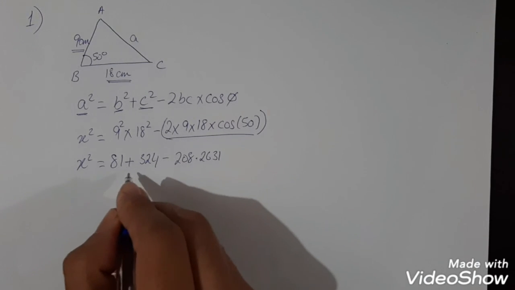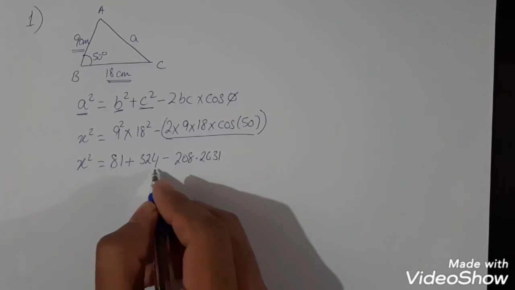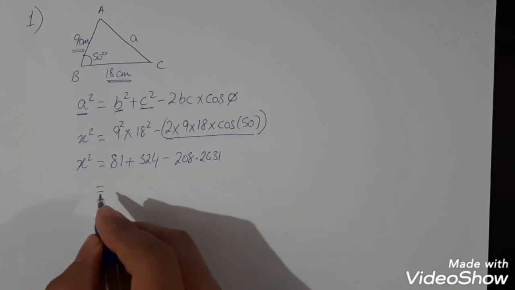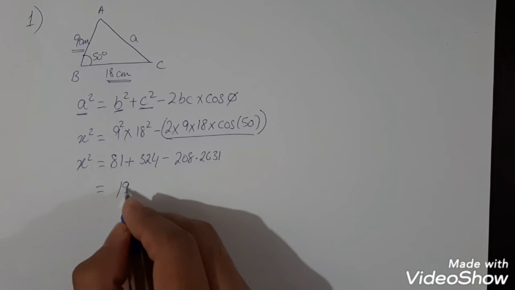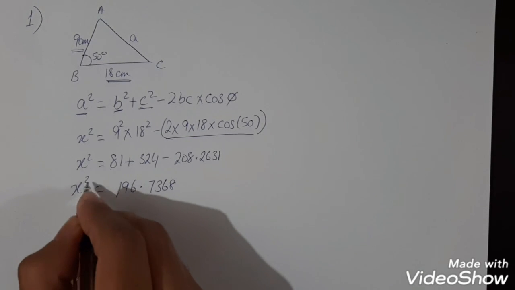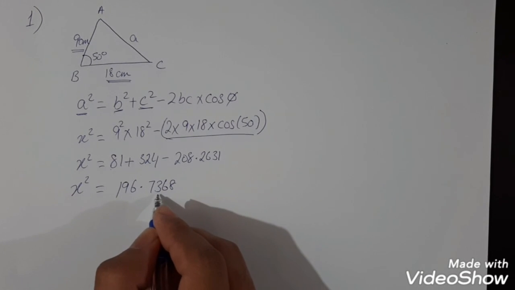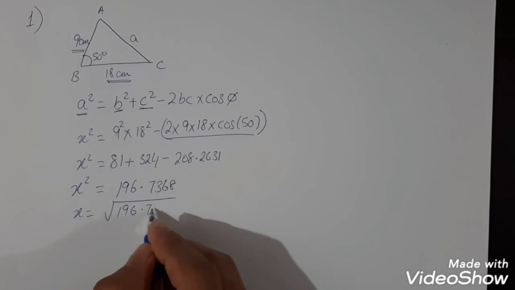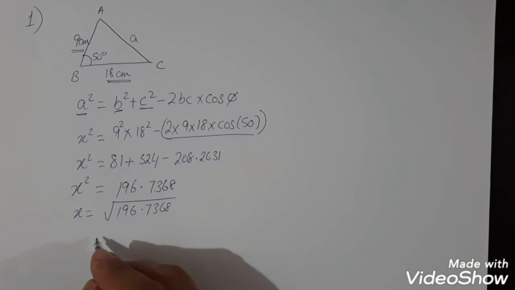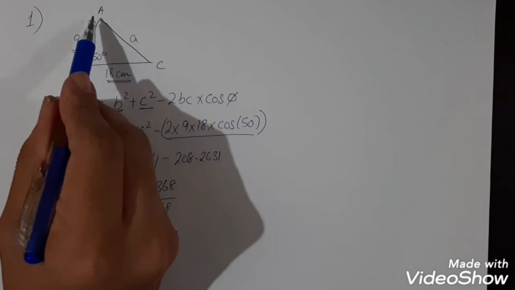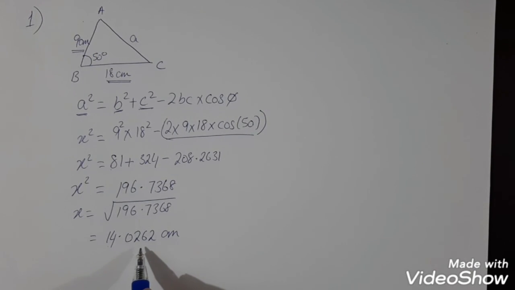Then we add 81 plus 324 minus 208.2631, which will be 196.7368, and we write x square is equal to 196.7368. So x is equal to the square root of 196.7368, which will be 14.02 centimeter. So the length of AC will be 14.0262 centimeter.